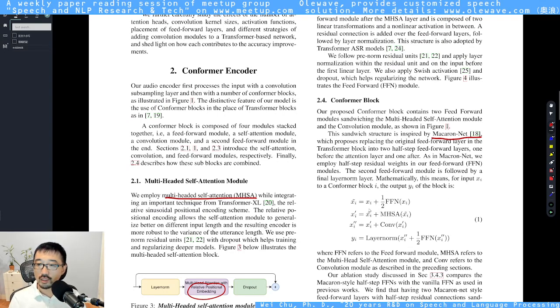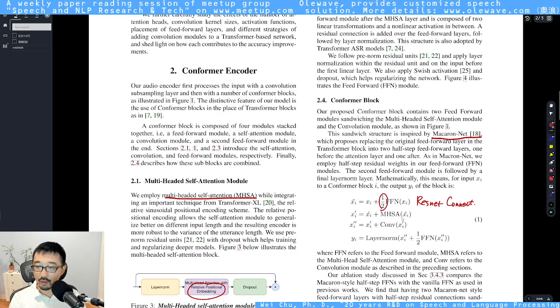First of all, this is a ResNet connection, right? But they use a half step. This is a ResNet connection. And then this is also ResNet.